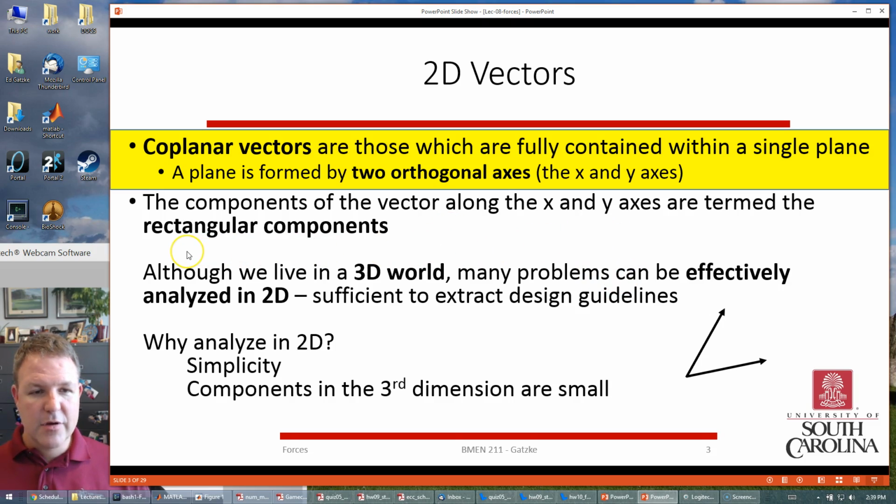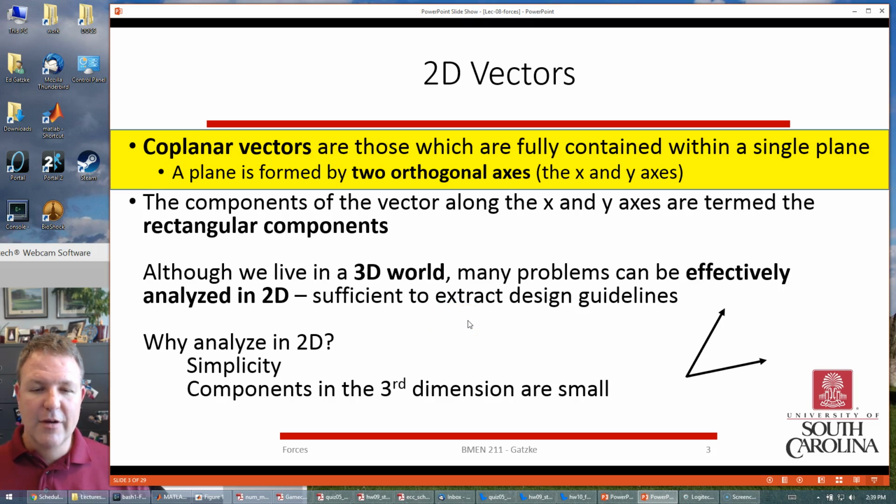The components of this are usually called rectangular components. So the value of a vector in the x direction and the value of the component in the y direction represent that vector. Now, we often look at 2D problems because the math is a lot easier than trying to do 3D.